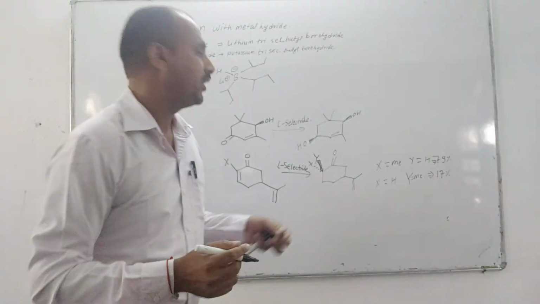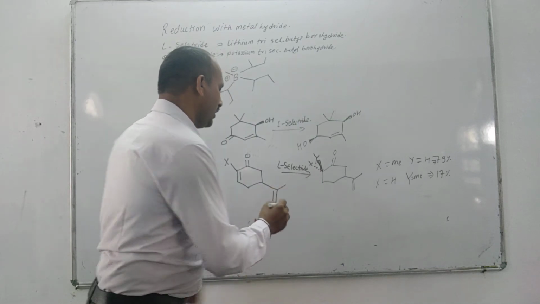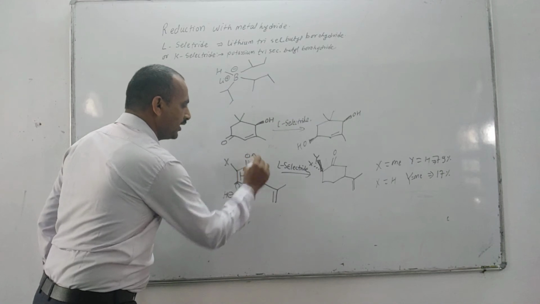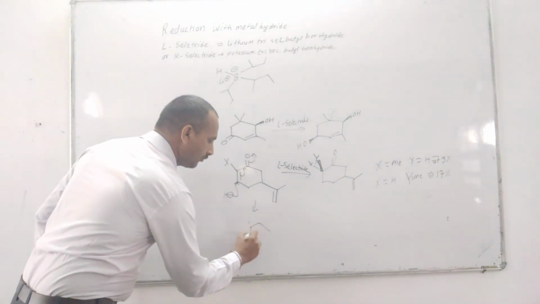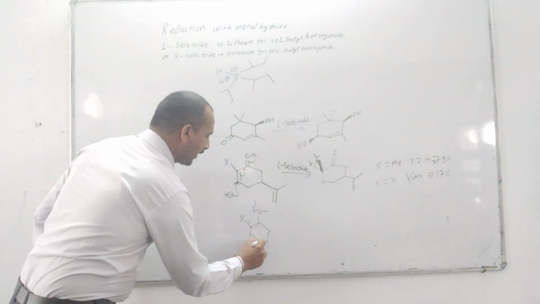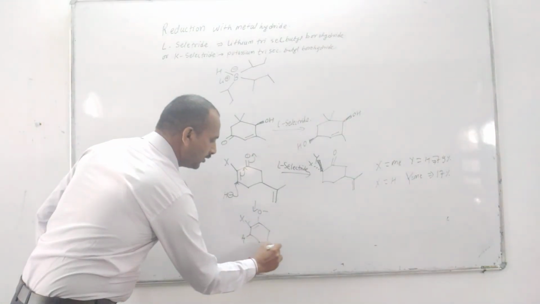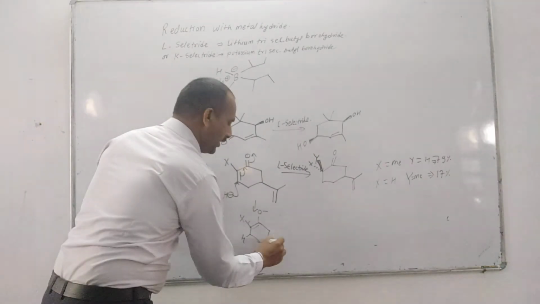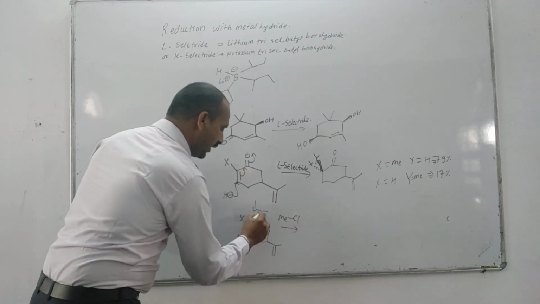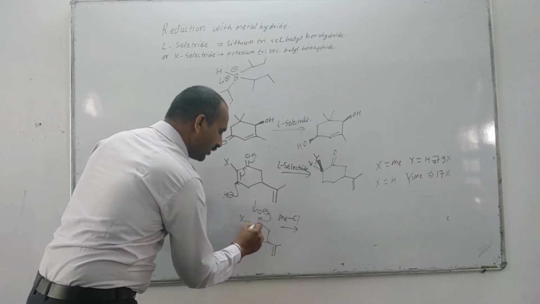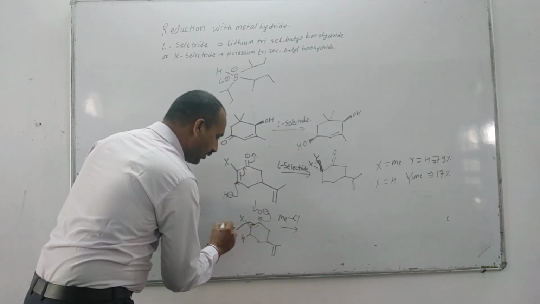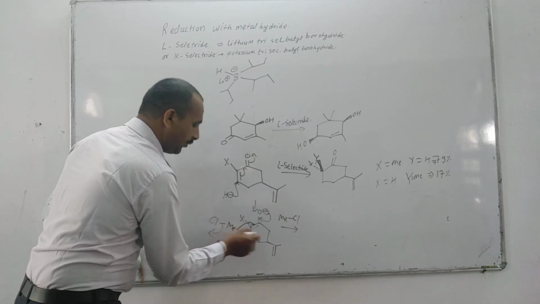When there is formation of Me, when there is attack of hydride from the L-selectride, double bond, O minus, there is X, H, double bond, CH3 as it is. Then if there is MeCl, then this O minus is reversed, then it attacks from this carbon to MeCl and Cl gets eliminated.